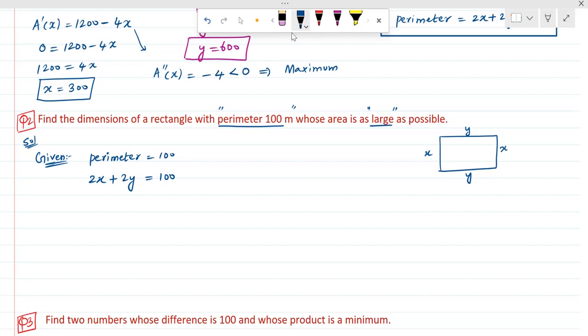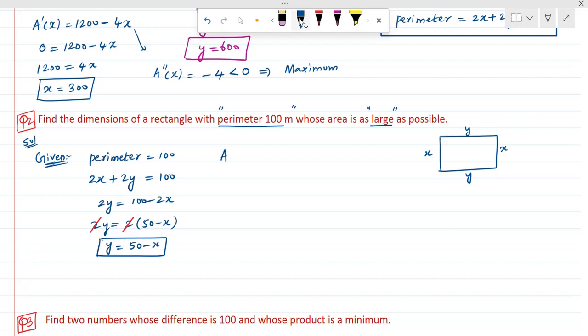So I will convert in terms of x. Taking 2 as a common factor, you get 2 times (50 minus x) equals 2y. The 2s cancel, so y is equal to 50 minus x.